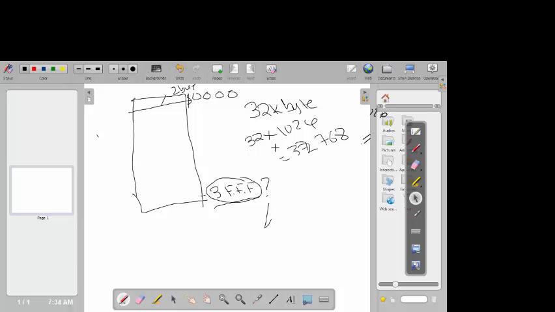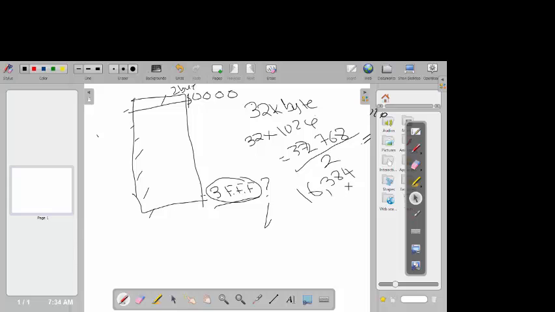Now that's it. So we have 16,384 packages of 2 bytes.